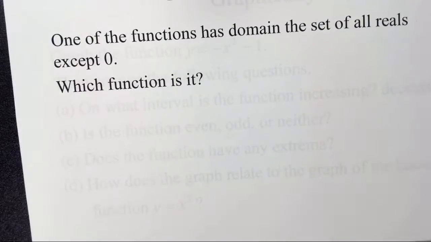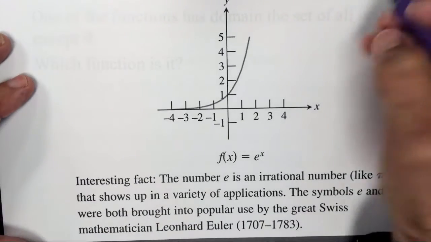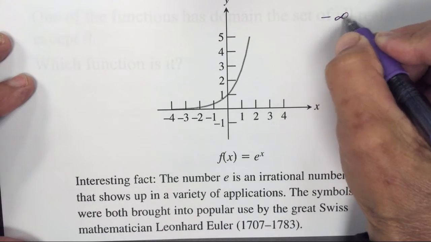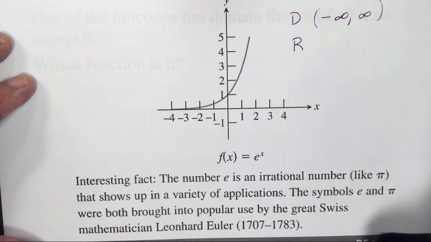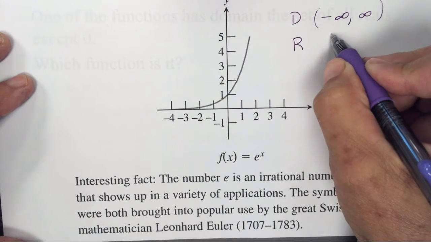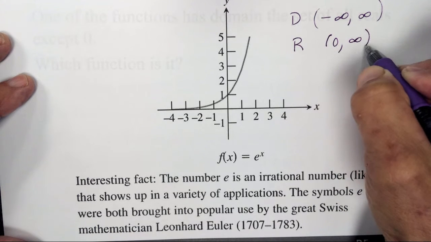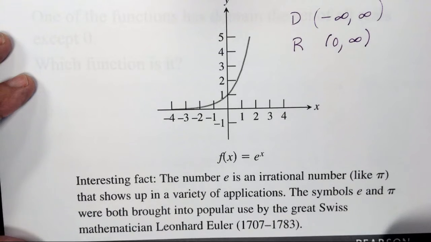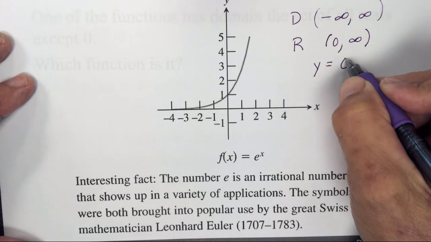Exponential. Anybody remember exponential? Domain. All real numbers. Range. So, do include the 0 or exclude the 0? Exclude the 0. This has a horizontal asymptote at y equals 0.